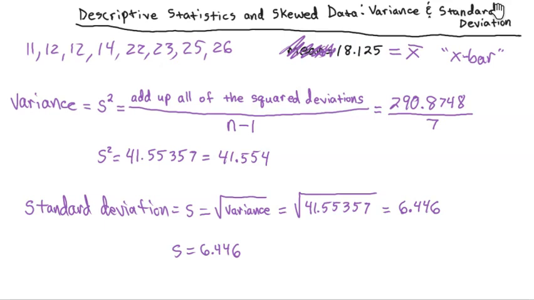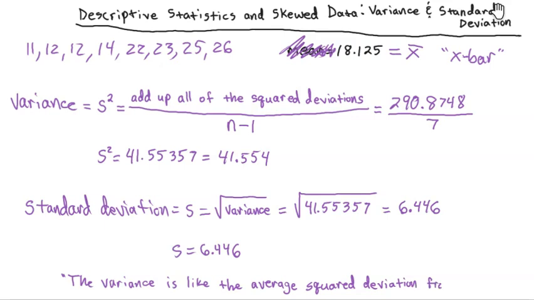So in a way, the variance is kind of like the average of all the squared deviations from the mean. And so I'm going to write that down here. And that's our introduction to variance and standard deviation.